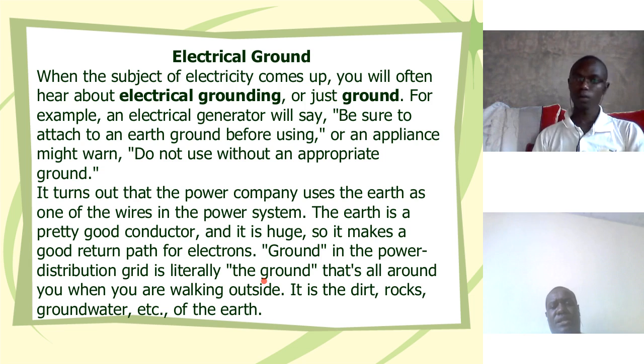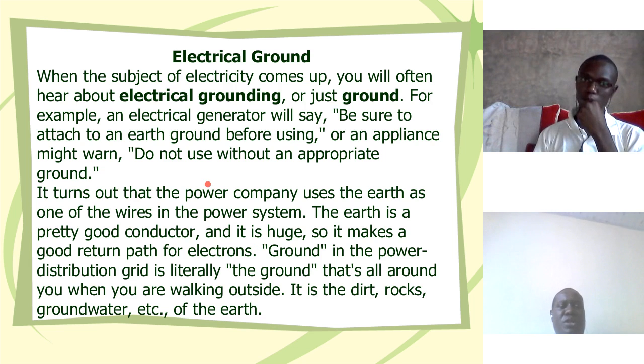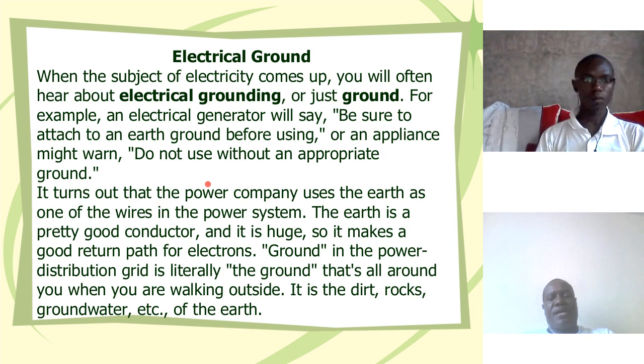So I was saying that the final aspect of definition of terms, or the introductory part, is electrical grounding, what we commonly call earthing. Basically, we are trying to ensure that excess flow of electrons is passed to the ground, what we call the neutral.